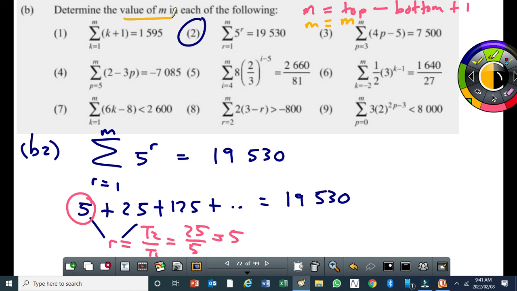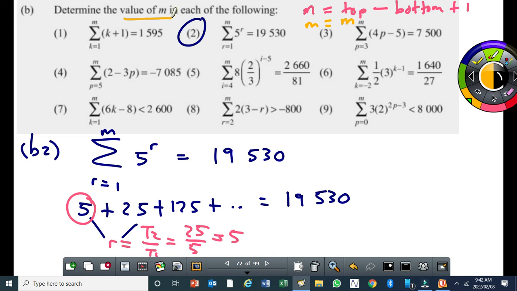So what do we do? First, expand the sigma on the left hand side. Just write 3 terms. Substitute R equal to 1, you get 5. R equal to 2, you get 25. R equal to 3, you get 125, plus plus.